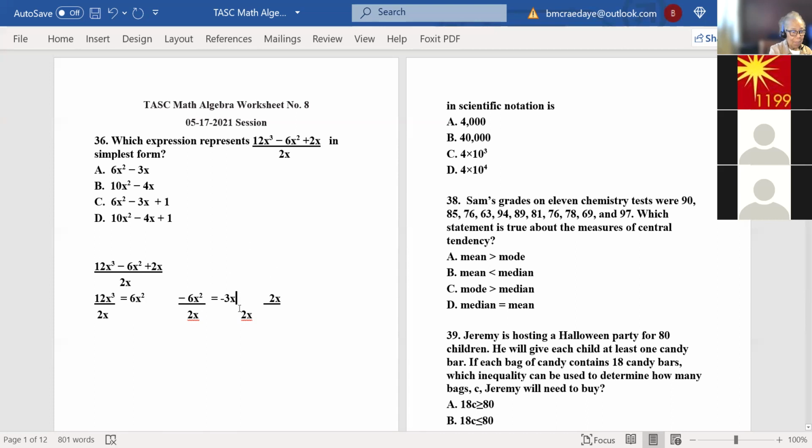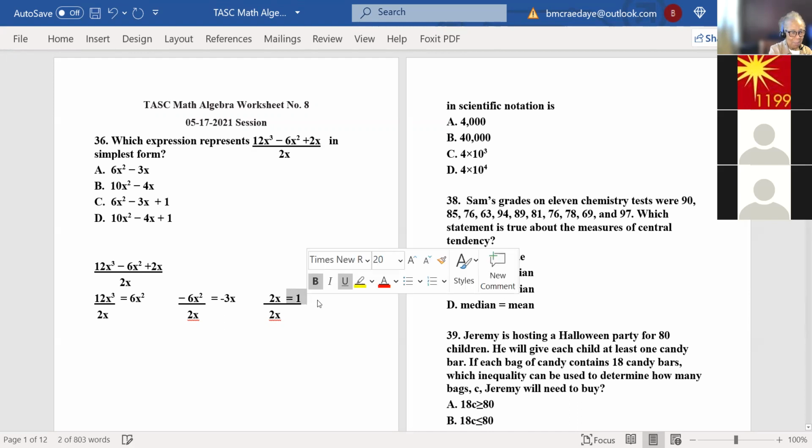Now what's 2x divided by 2x? What is that equal to? 1. Not "or you say x," it's just 1. In other words, when you divide an expression by itself, you get 1, whether it's variables or numbers. 2 over 2 is 1, x over x is 1, 2x over 2x is equal to 1.